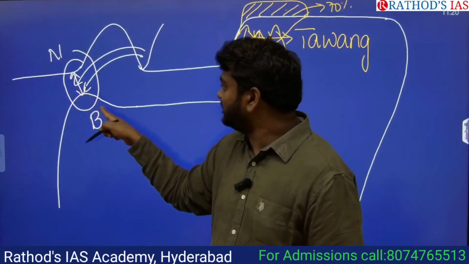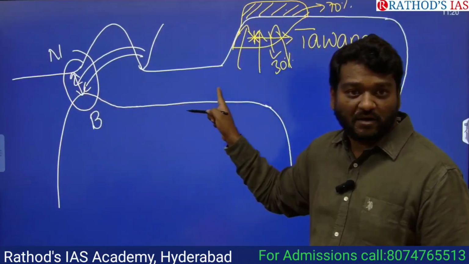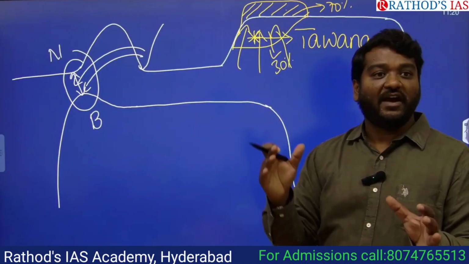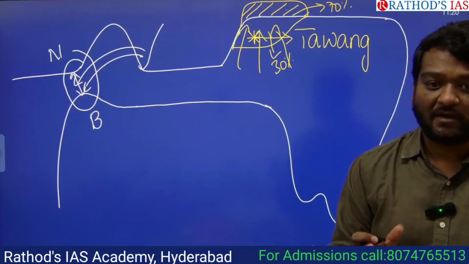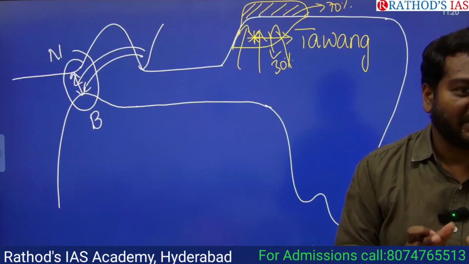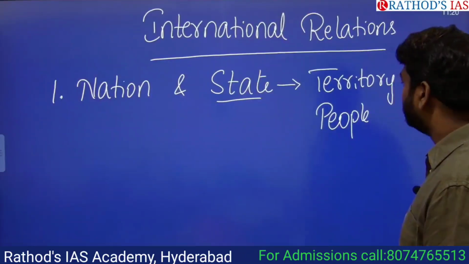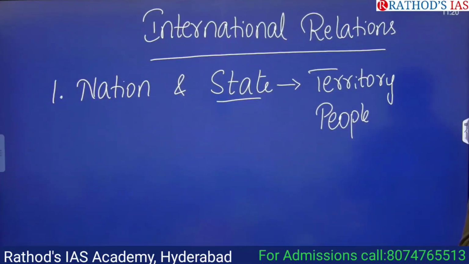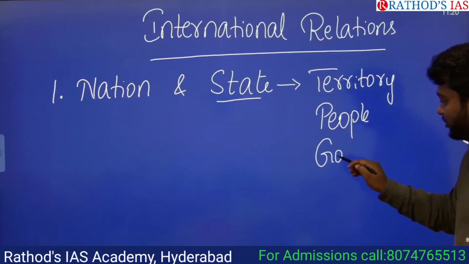If you blast this region, can Indians go? If we can't go, it's very difficult. This is where the issue is. I hope you are understanding. So, what is important? People. First is what? Territory. Second is what? People. Third, you need a government.